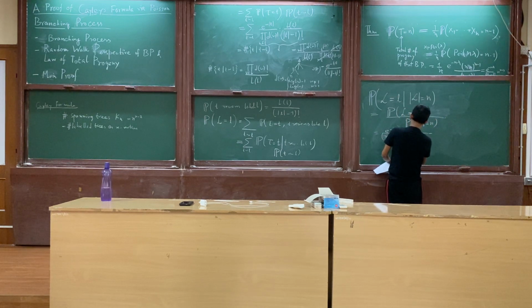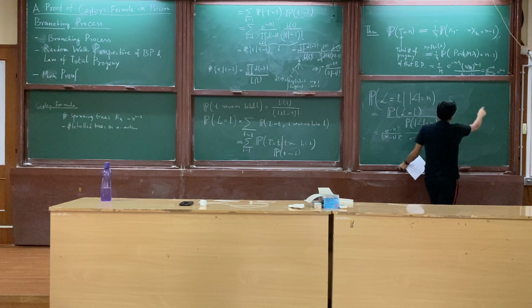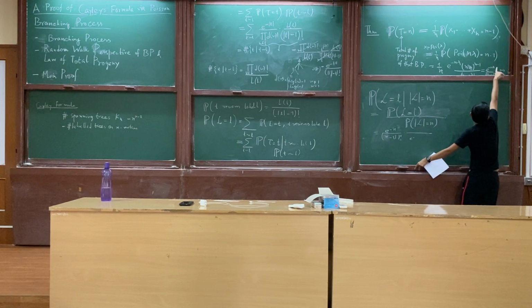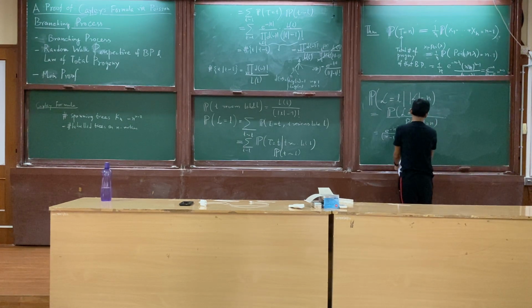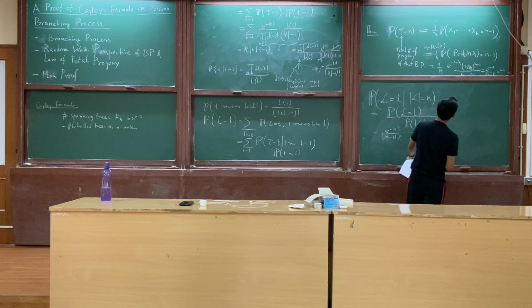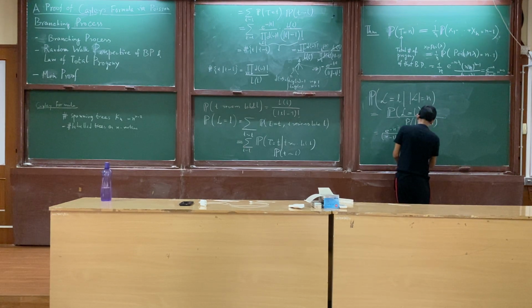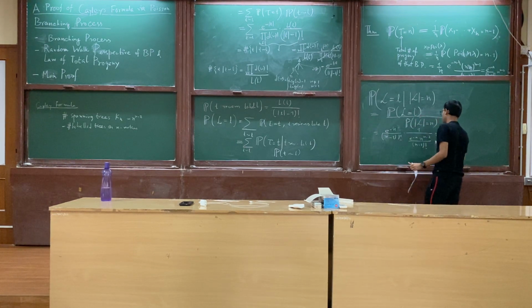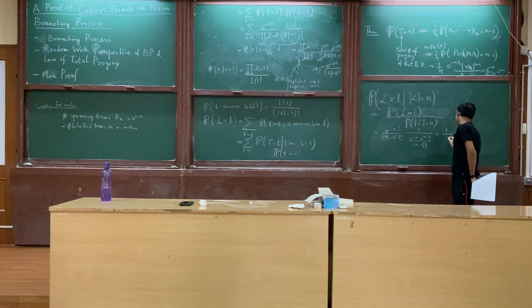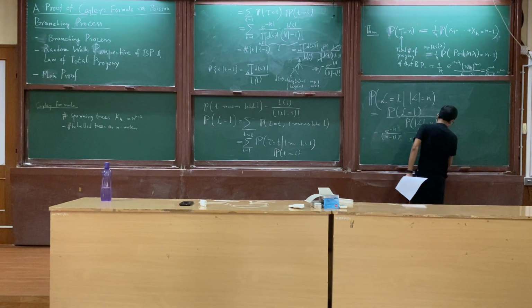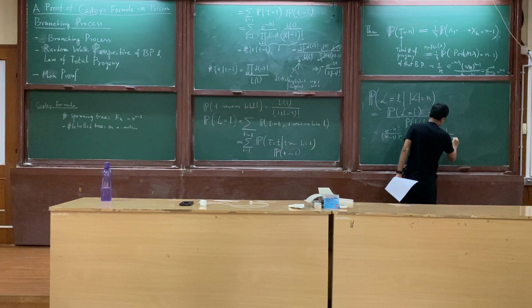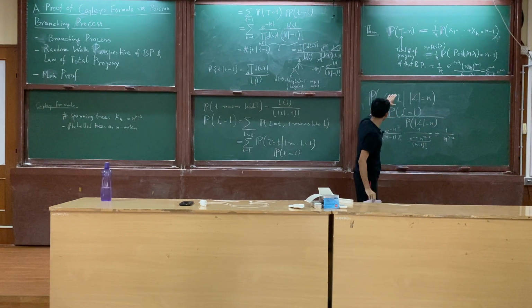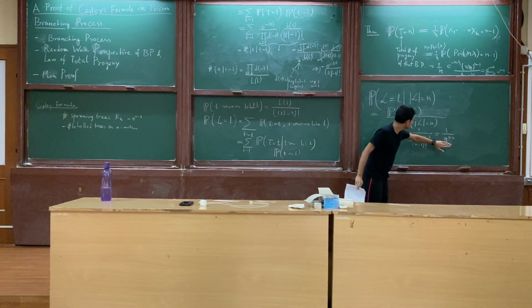Because we are considering a Poisson 1 process, lambda is 1, so this is e to the power minus 1 times n to the power n minus 2 divided by n minus 1 factorial. So that becomes 1 by n to the power n minus 2.